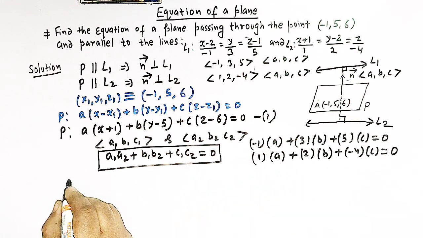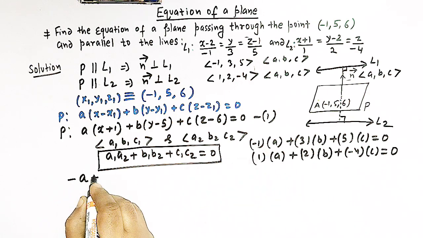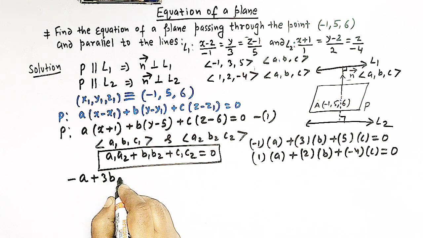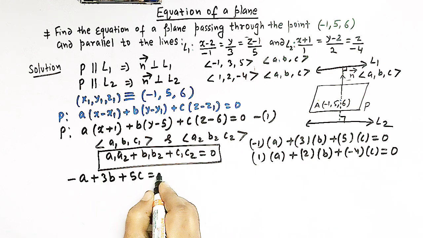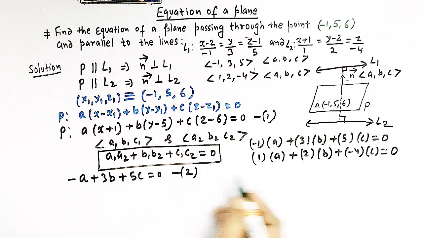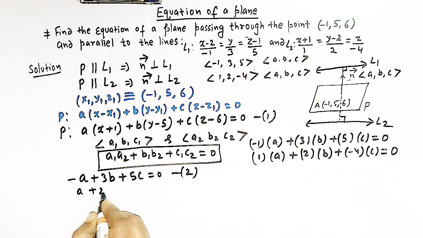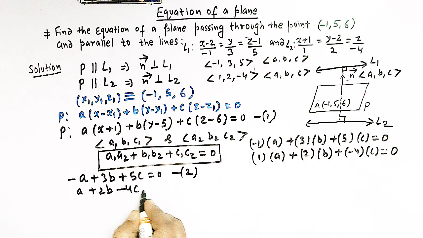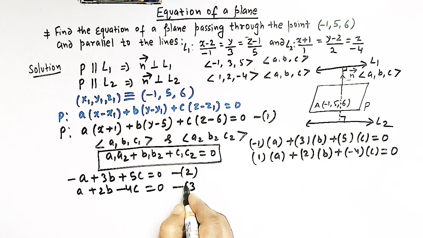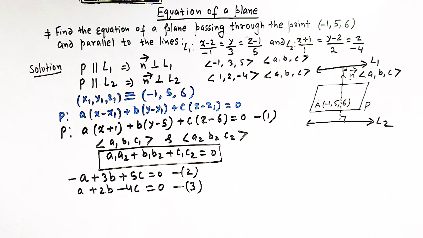The first one is -a plus 3b plus 5c is equal to 0, and then we have here a plus 2b minus 4c is equal to 0. So now we have to solve these two equations in a, b and c.